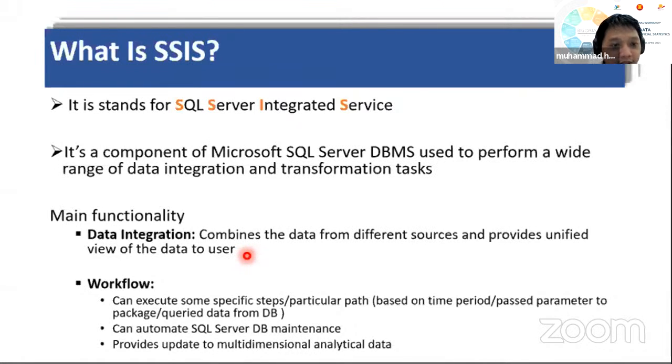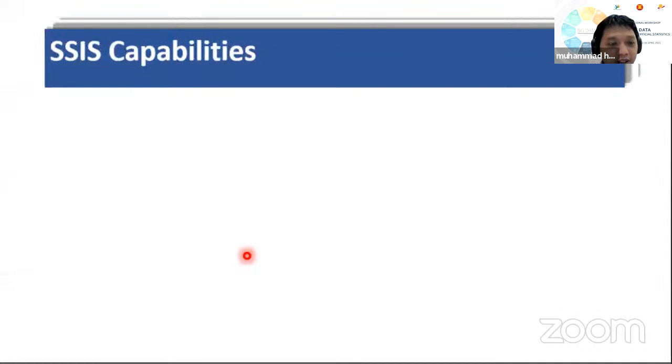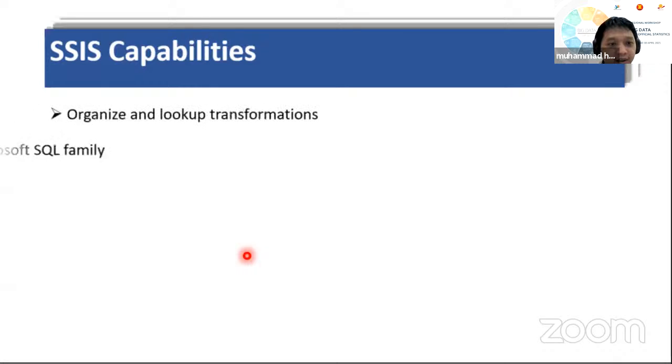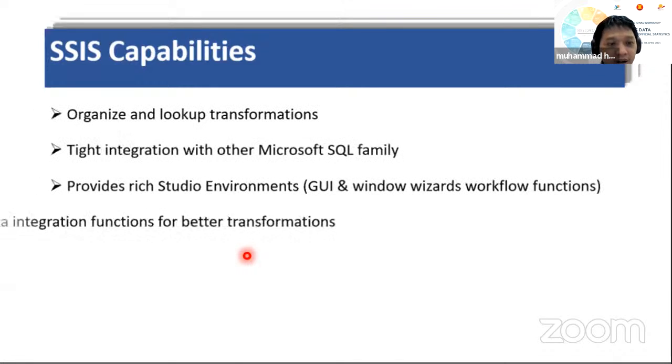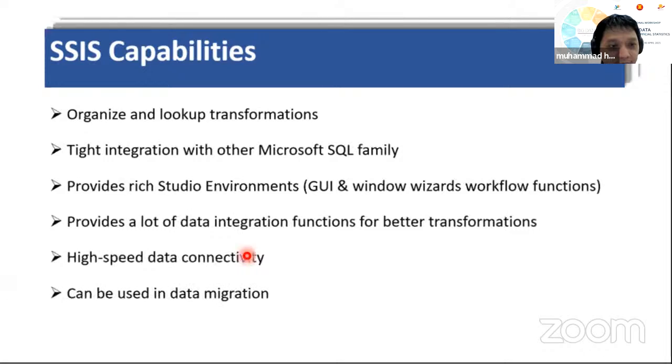And for the next material, we will see what the capabilities of SSIS are. The first one is auto organize and lookup transformation.